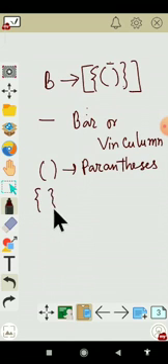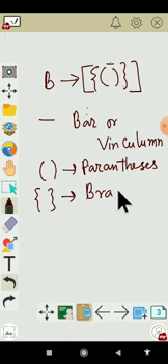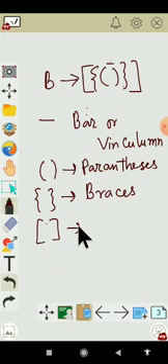Then this is called the second bracket, or curly bracket or braces. Then this is called square bracket or big brackets.